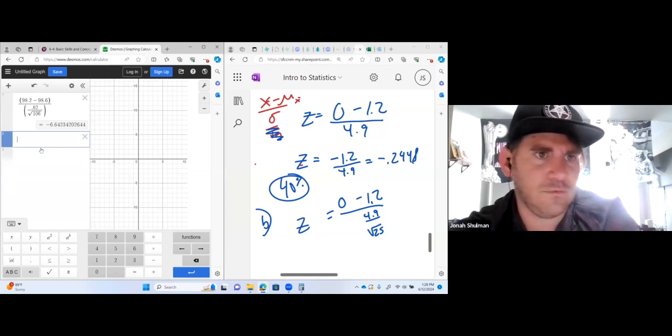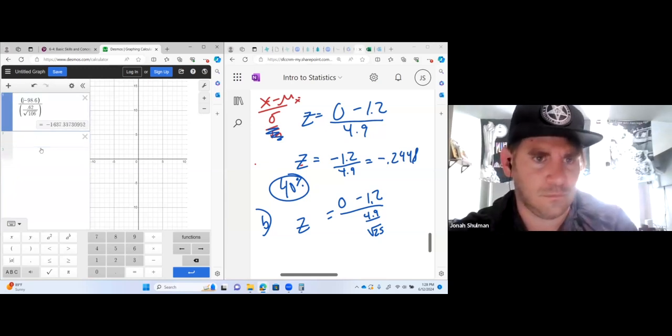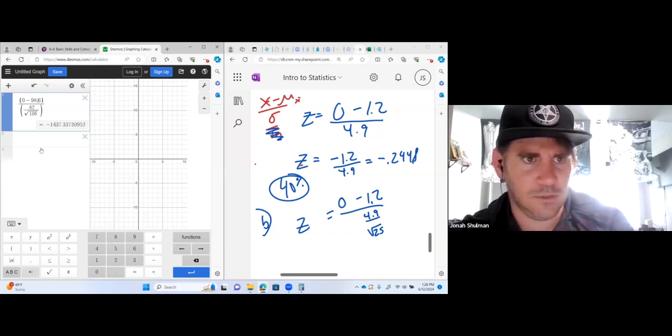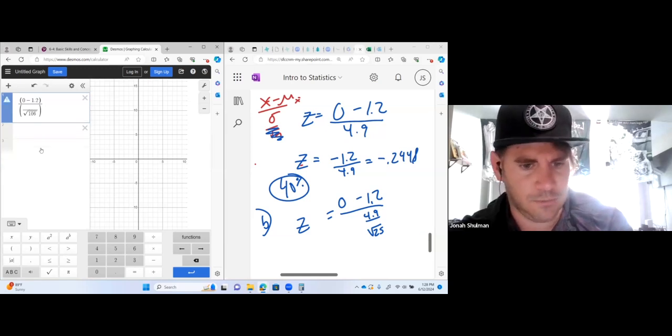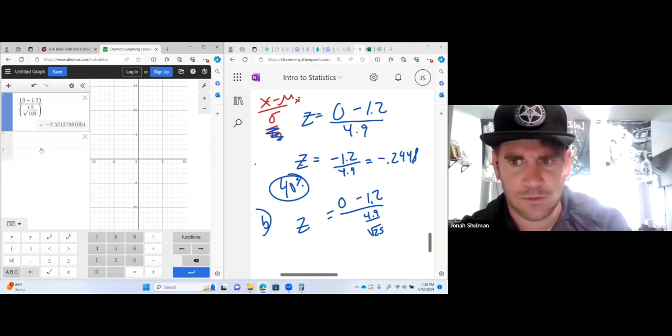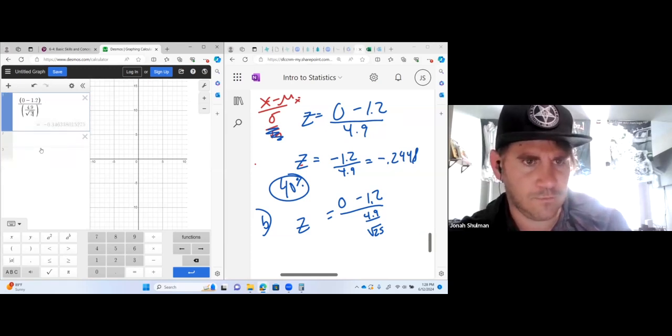So we have 0 minus 1.2. This is 4.9. This is the square root of 25.